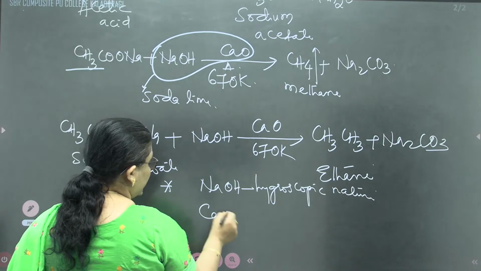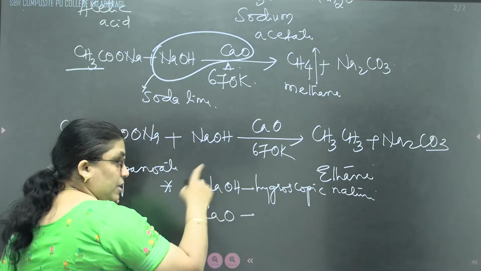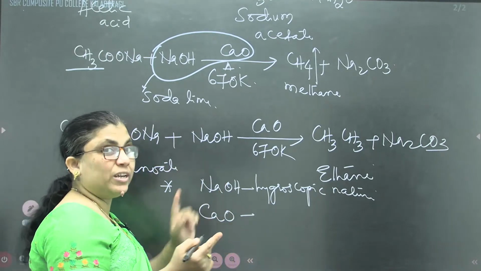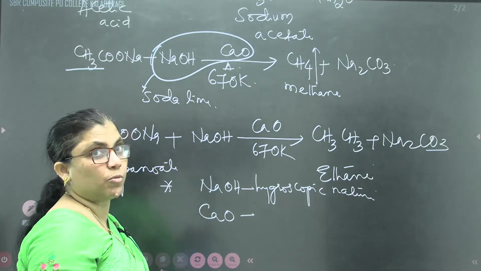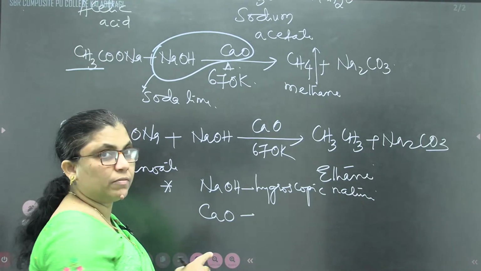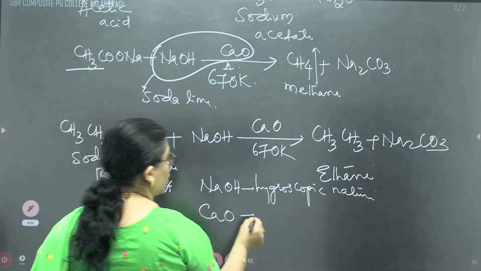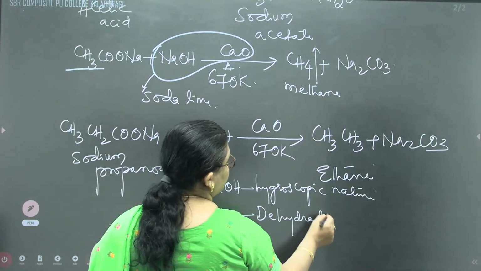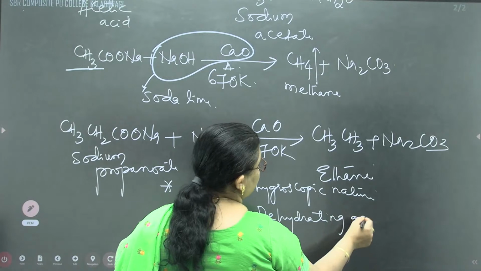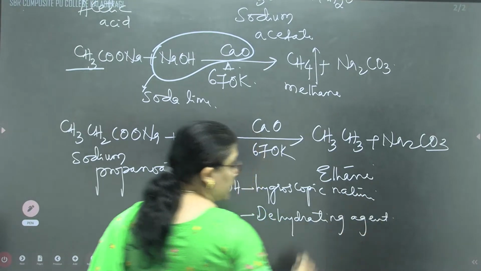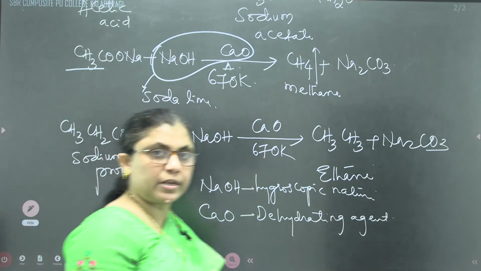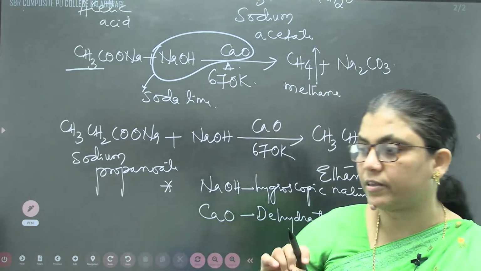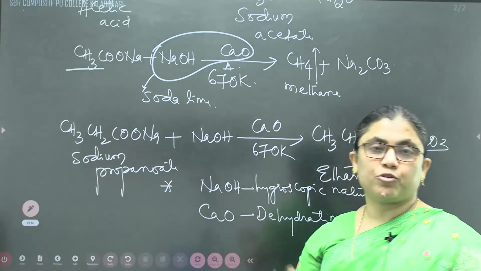Why are we taking this mixture, you may think, because only sodium hydroxide is going into the reaction, not calcium oxide? Because calcium oxide is a dehydrating agent. This is the reaction where carboxylic acids are converted into lower hydrocarbons.